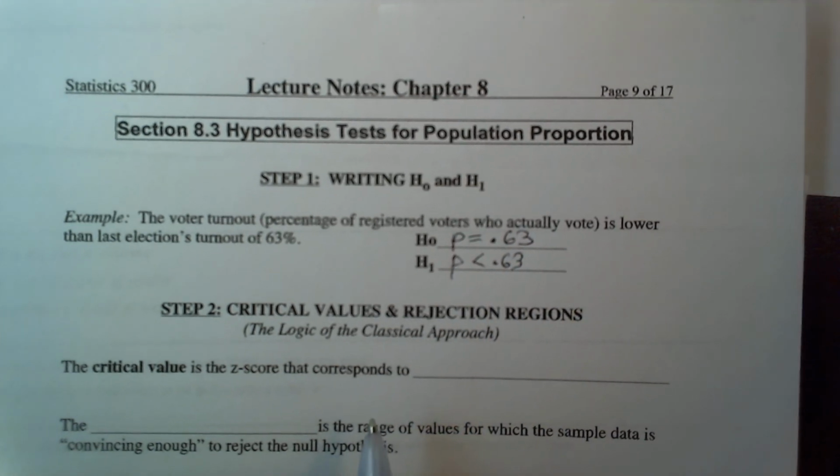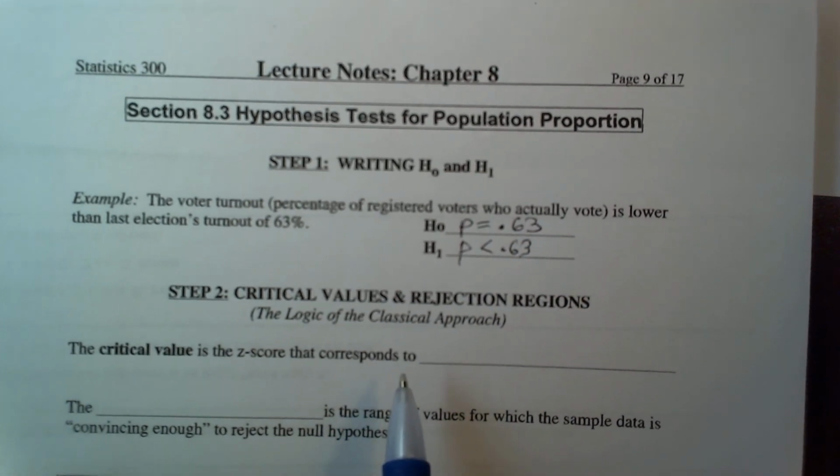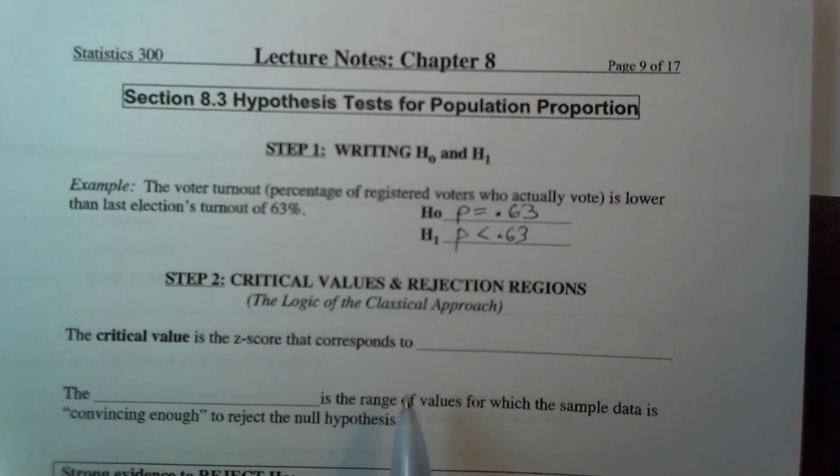Now, next would be the critical values and rejection regions.